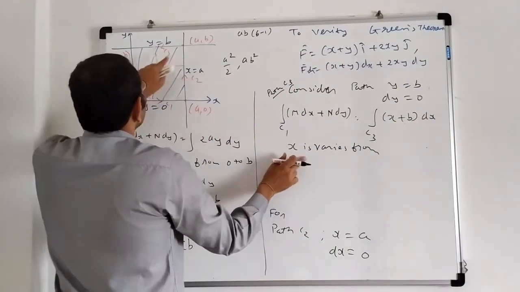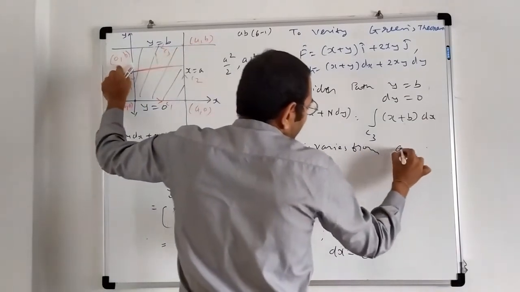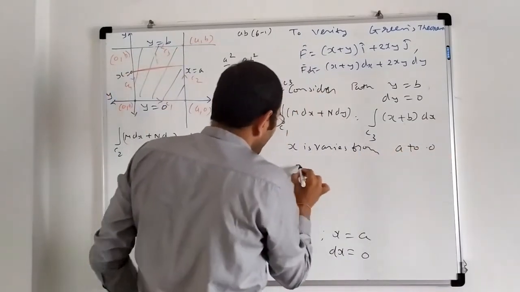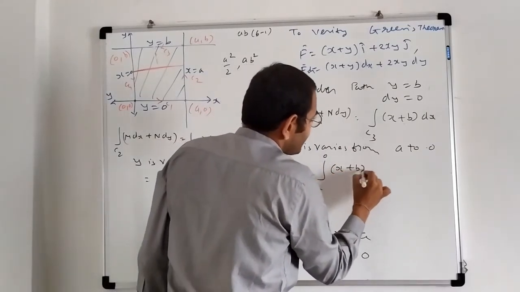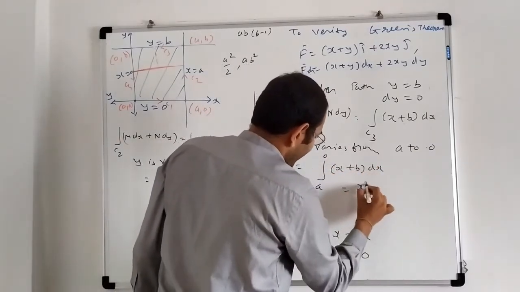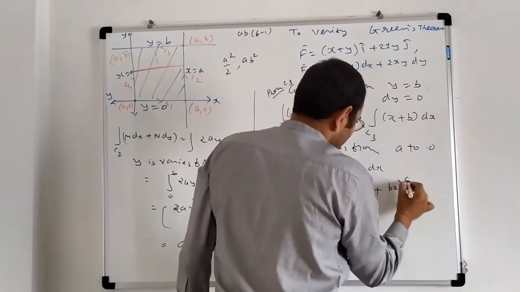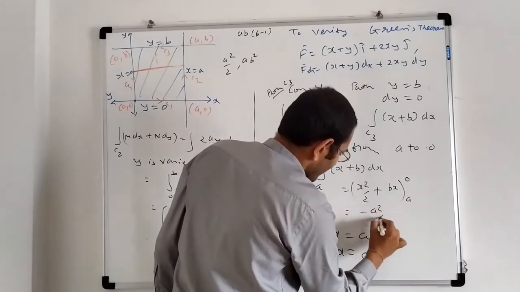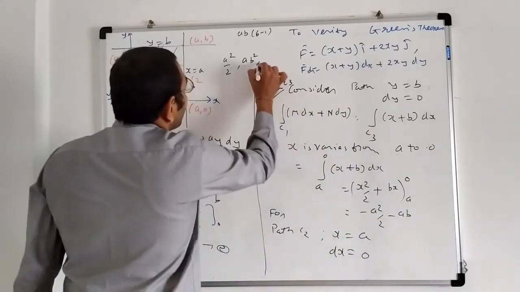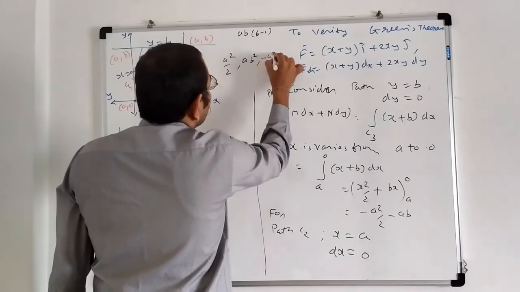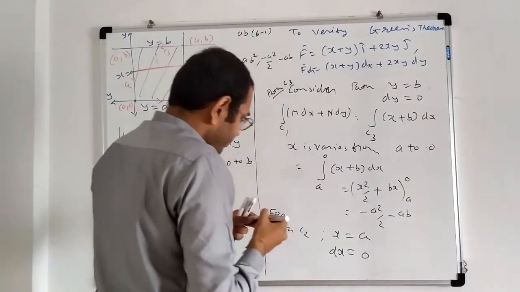Now x varies from a to 0. The limit for C3 is a to 0 of (x plus b) dx. Then the integral is x square by 2 plus bx from a to 0, giving minus a square by 2 minus ab. That is our third path answer.